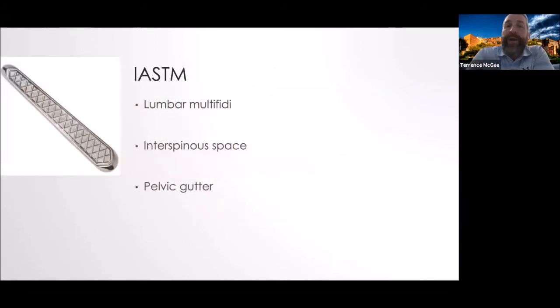But in cases where I can't use my hands because my patient's pressures are even more sensitive, one of the things that I find extremely helpful is employing IASTM, instrument-assisted soft tissue mobilization. In the lumbar spine, there are different tools from different vendors. This one is a Hawk Grips number 9.